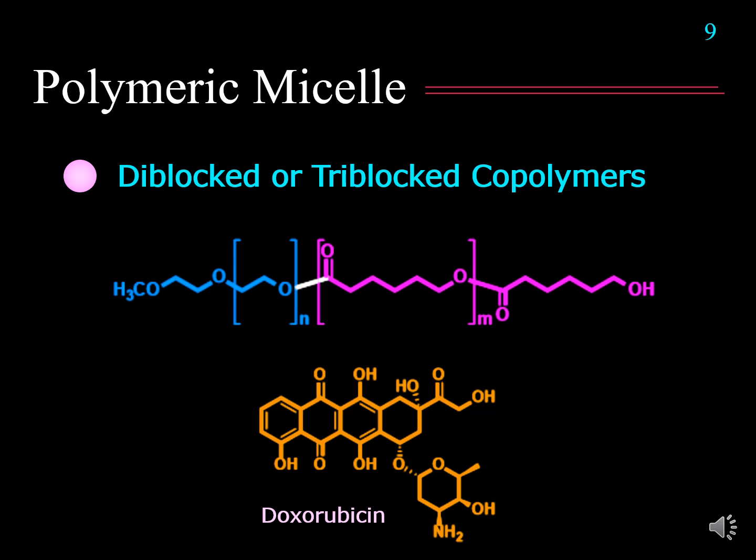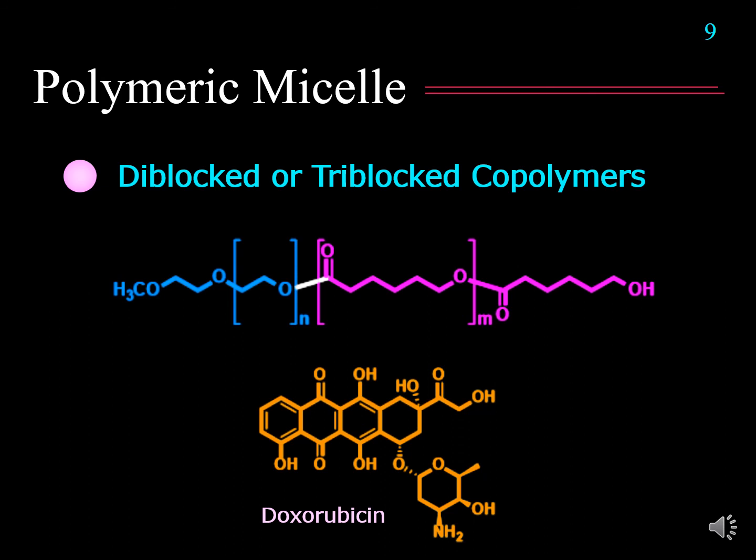This is a diblock copolymer. We trap the doxorubicin in the center, and then we construct the micelles and transport it in aqueous media, because doxorubicin cannot dissolve well in water, so we use the polymer as a carrier.